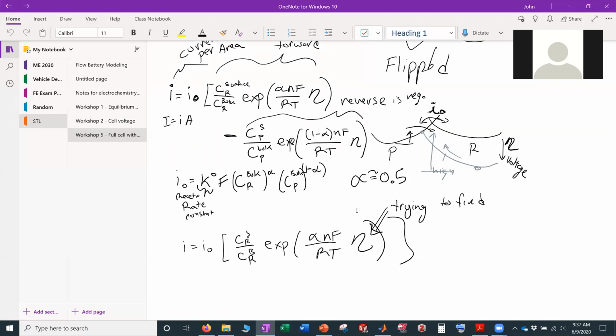So we divide this over, and then we take the natural log of both sides.